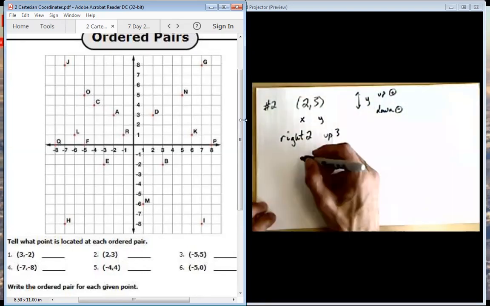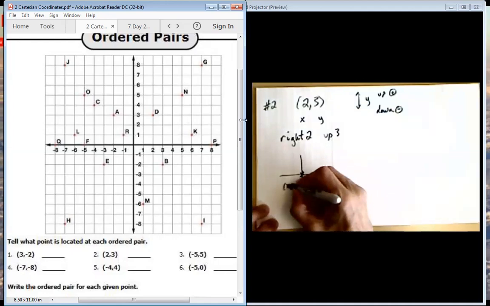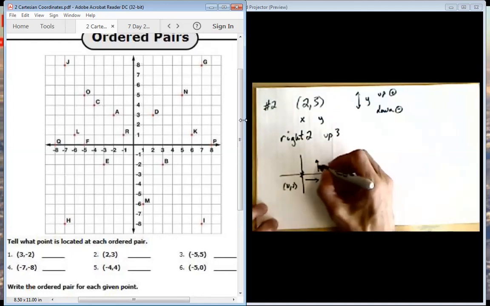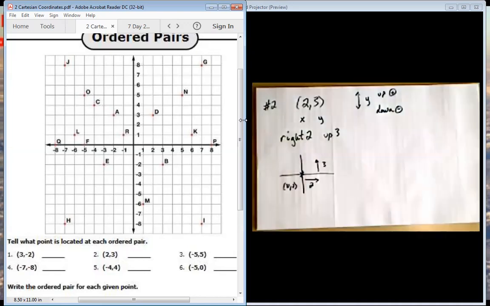So then, starting here at the origin, we go right by 2 and then up by 3, okay? Right by 2 and up by 3. So let's see how that looks on our picture. We're here.